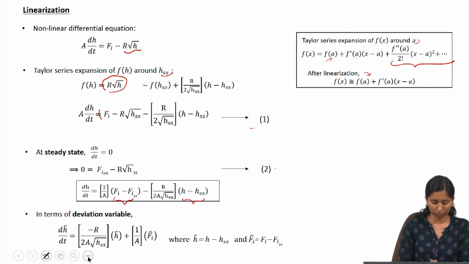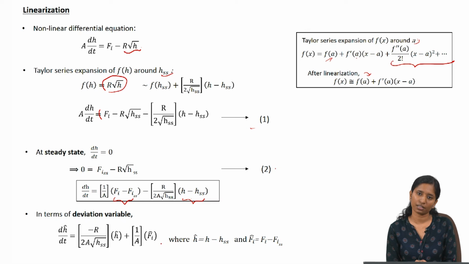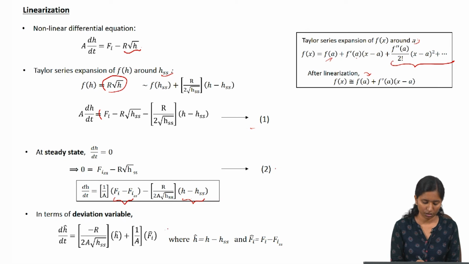In terms of the deviation variables, we can write the equation as d h cap by dt, or h hat by dt, is equal to minus r by 2A root HSS times h cap plus 1 by A times Fi cap. So, for the further analysis and modeling of the system, we will consider this equation which is written in terms of deviation variables.